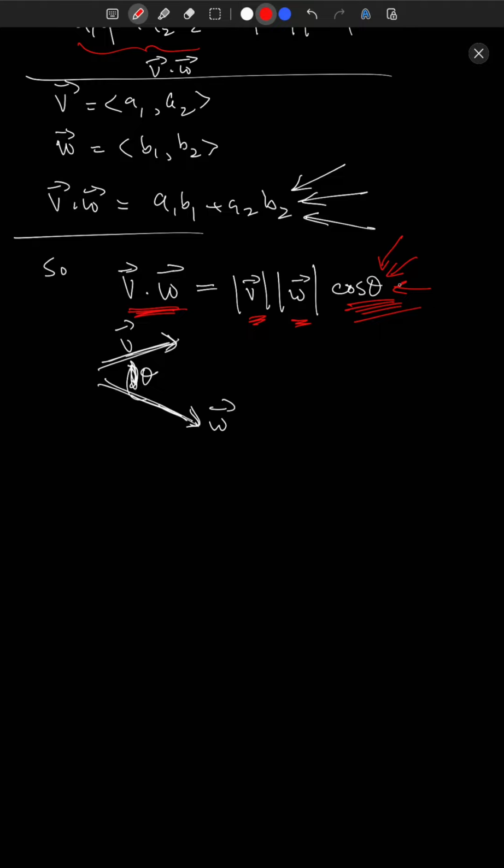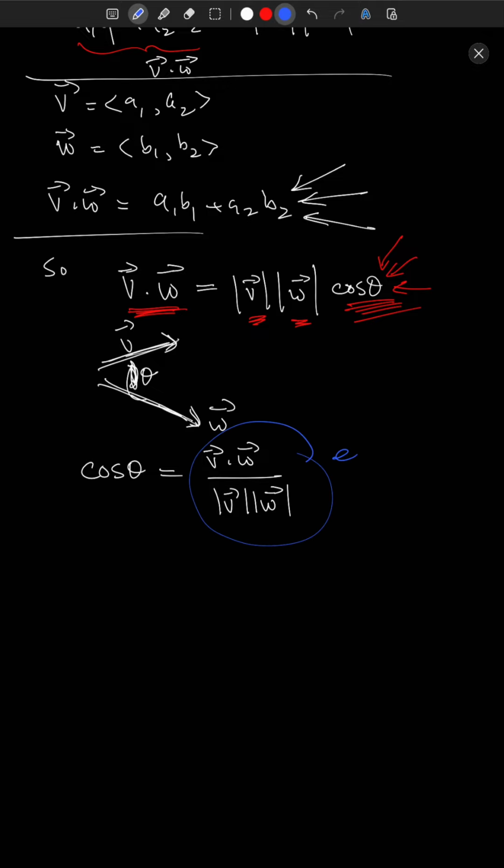So if you look at this equality, everything is easy to calculate except for theta. So the way we're going to think of dot products is like this: the right-hand side is easy to compute, whereas this one is hard, and so the dot product essentially tells you about the angle.